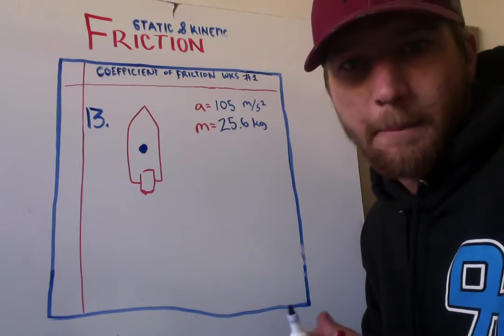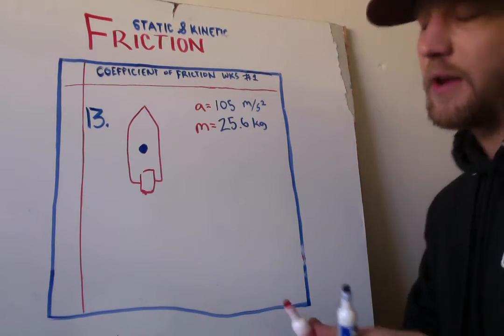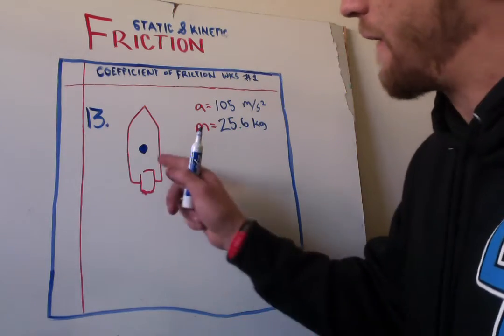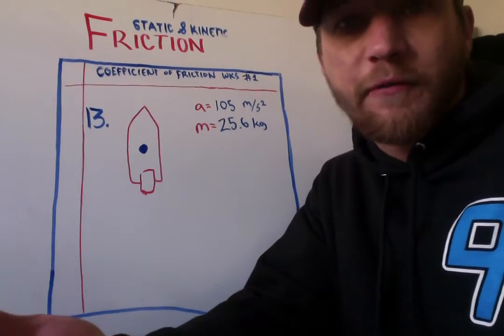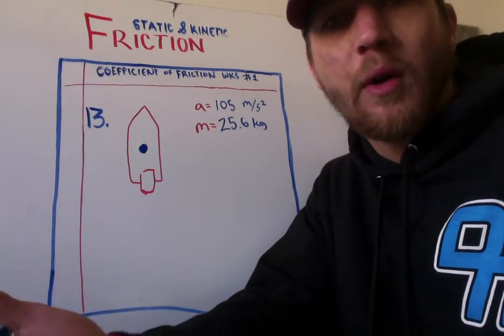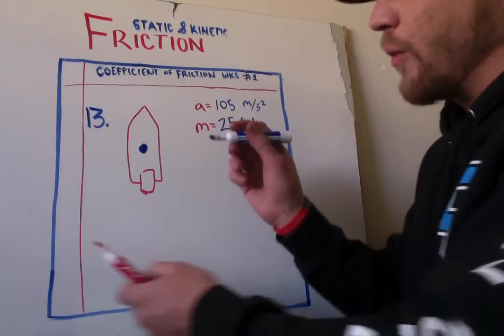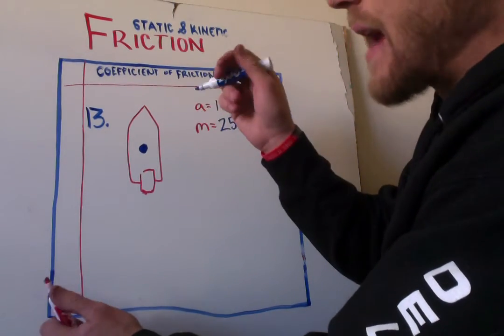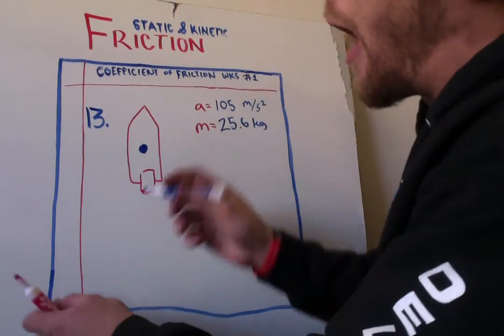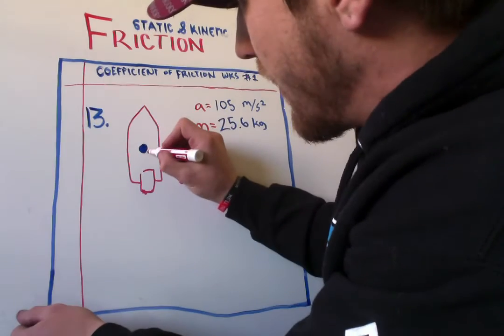All right, if the friction of the air is 100 newtons, so now we have a force acting on our rocket. And that would be the force of friction, right? Because friction is always a force. And it's caused by the air resistance, which means if this rocket is going upward, any type of resistance is going to be going the opposite direction, right? Trying to slow this rocket down.